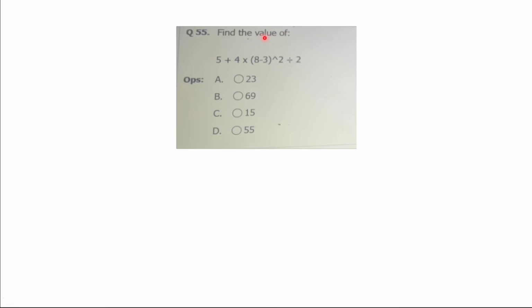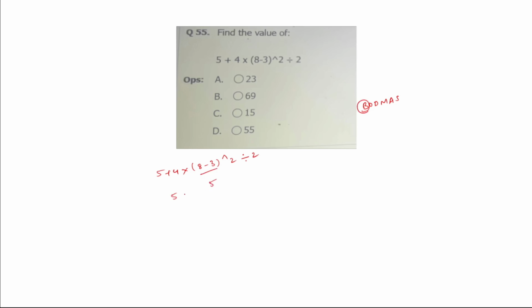Find the value of, so we are given an equation and we need to solve that equation. The equation is 5 plus 4 into (8 minus 3) power 2 divided by 2. To solve this equation, we need to use the BODMAS rule. In this rule, we solve the values in brackets first. That is 8 minus 3, that is 5.